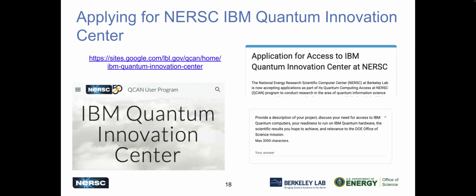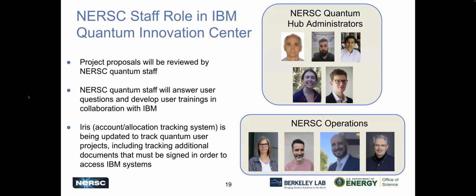It's fine if you're not that close to running yet. We are open to new and more experienced users in this program. It's not a strict requirement that you have your codes ready to run. We are interested in working with you to get to that stage that you can run and use these systems. So if we can go to the next slide.